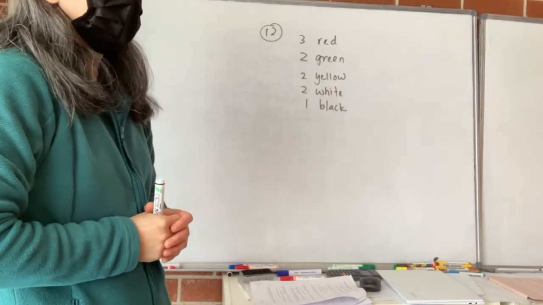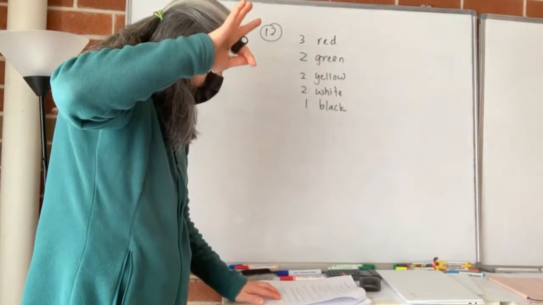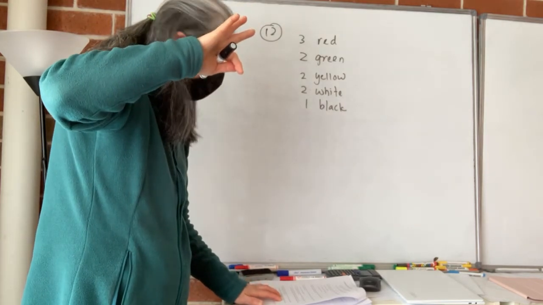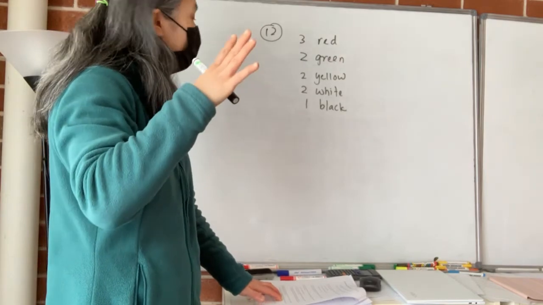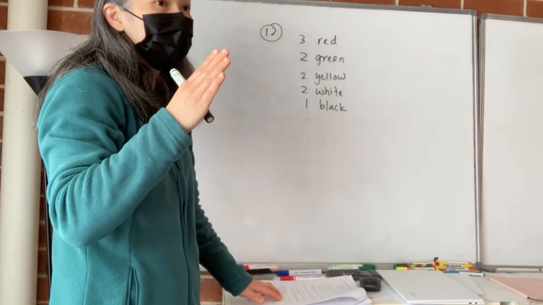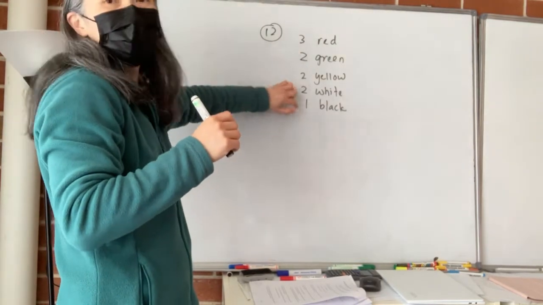How do you get 4 for A? For 12A? If you have 3 of the same color. Only red has 3, so you'd have 4 ways. Yes, it's going to be 4 ways. So you have 3 red, and then you have one of these.